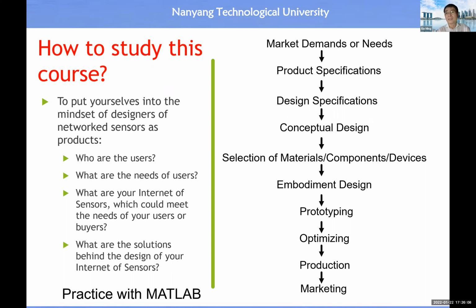For example, smart vehicle may need a certain type of a sensor, and the smart robot may need to have another type of a sensor, right? And the answer to question number 4 is to study well this course. At the end of the study of this course, you will know the solution behind the design of your future product or future system in terms of a sensor or measurement and the sensing system. All right.